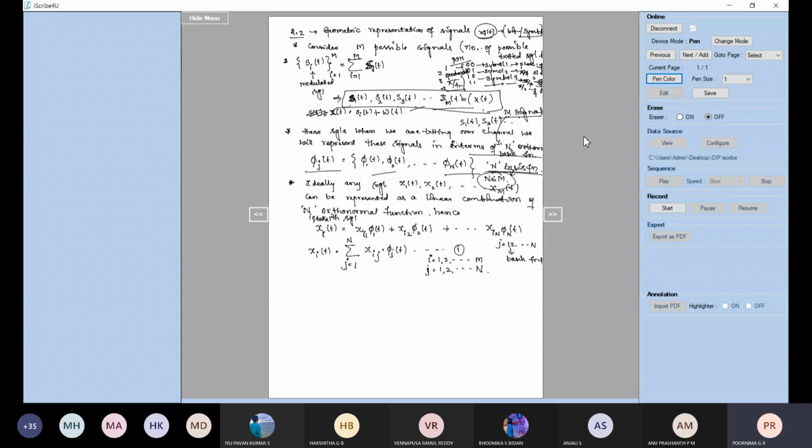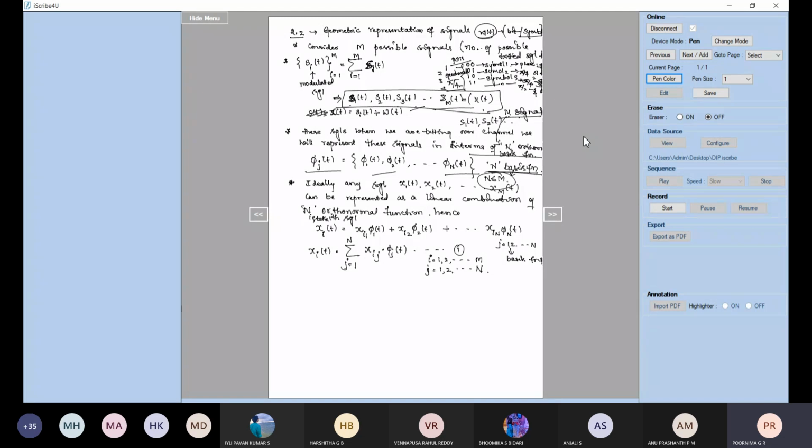So whenever you choose these basis functions, which are represented as phi j of t, which is phi 1 of t, etc., those orthonormal basis functions, when they are multiplied with the actual signals s1 of t, s2 of t, s3 of t, your signal over the transmission, when it is transmitted over the channel, will give less interference between the signals.